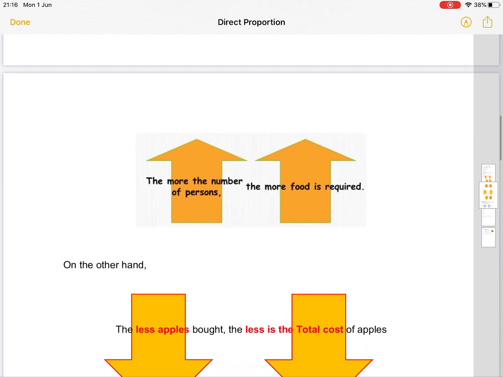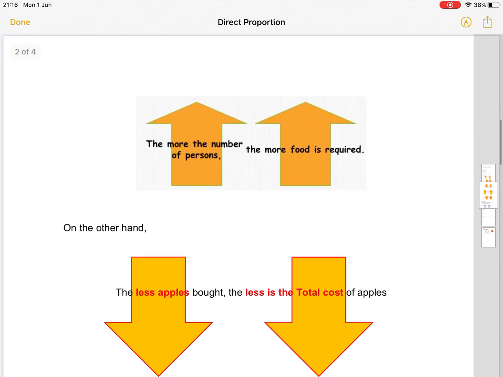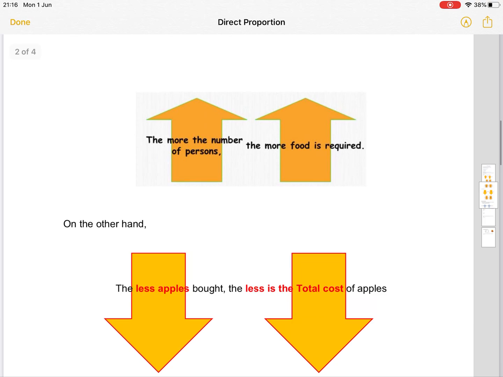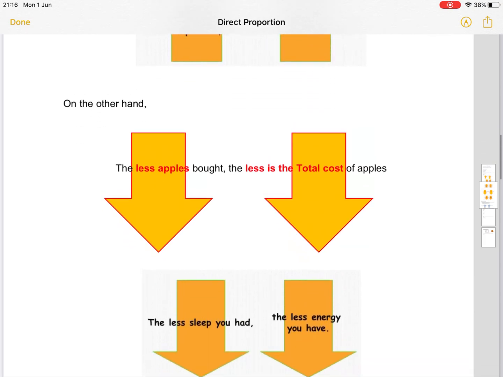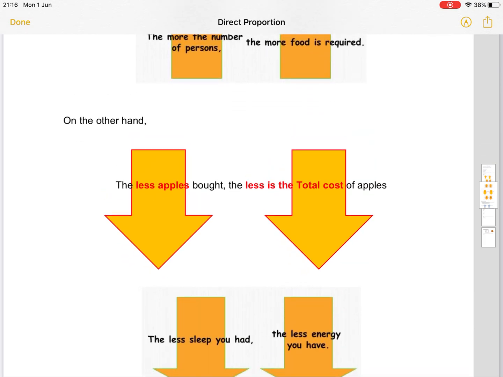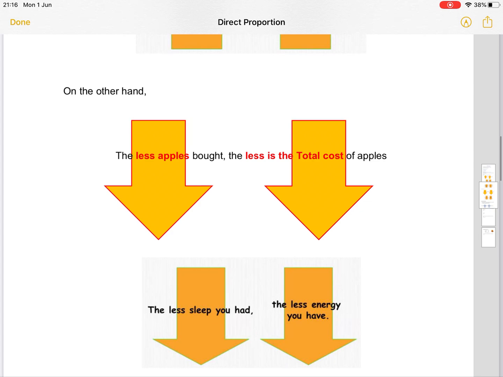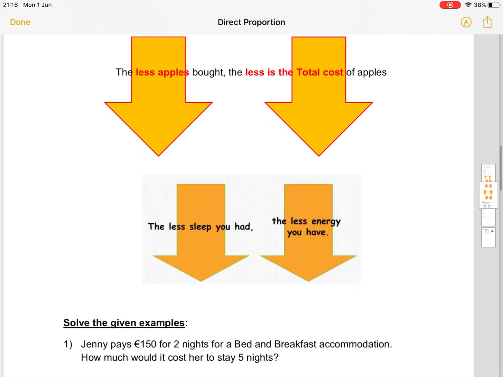Now, on the other hand, if you buy less apples, your total cost would be less. So less apples are decreasing, so the total cost is decreasing, okay? One quantity is decreasing, the other is decreasing as well. The less sleep you had, the less energy you have, okay? The less you sleep, the less energy you have, okay?